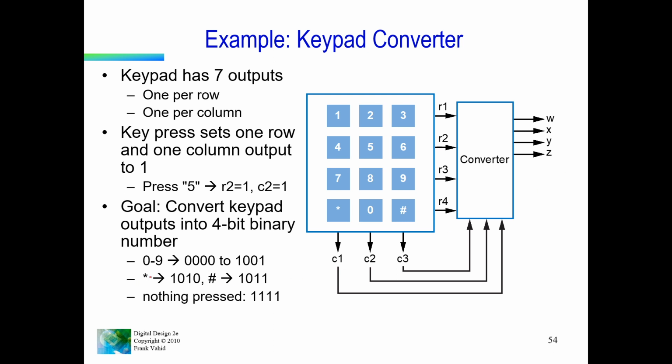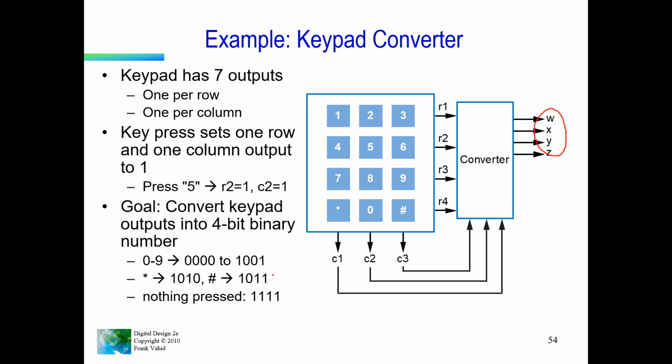For this asterisk or star sign, we will output 1010, which is actually 10. So we assume that this corresponds to number 10. And for the sharp sign, we will output 11 at this output. So we have to design this circuit.